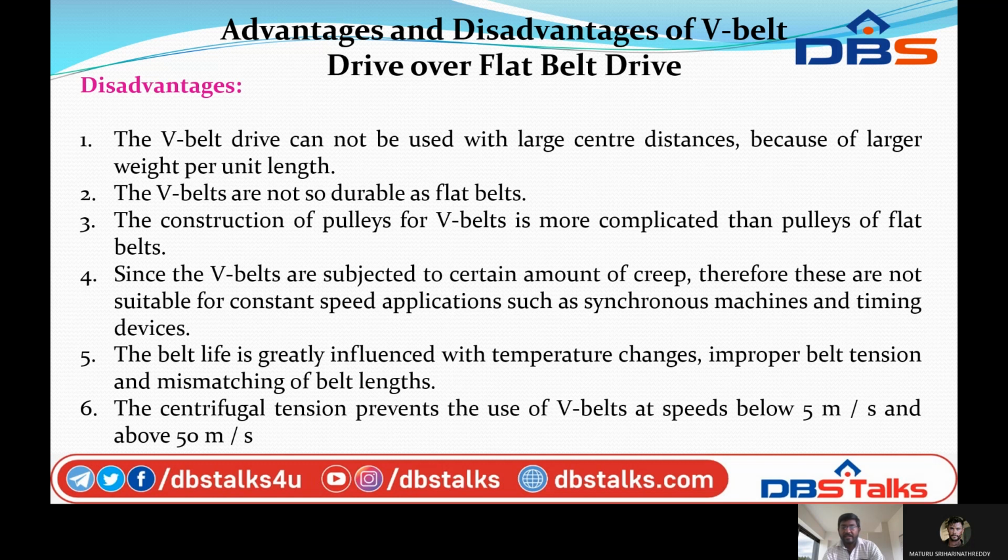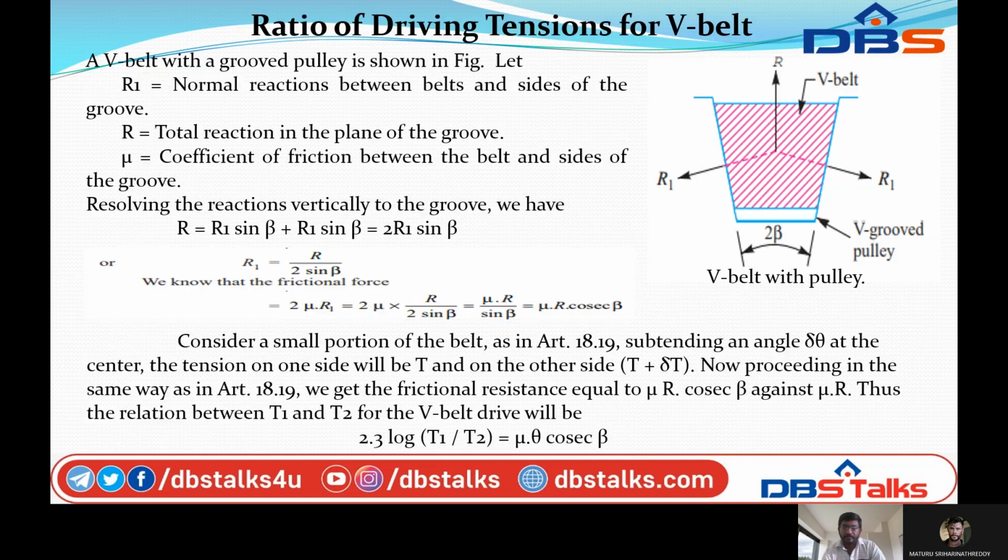The centrifugal tension prevents the use of V belts at speed below 5 meters per second and above 50 meters per second. So these are the advantages and disadvantages of V belt drive over flat belt drive.